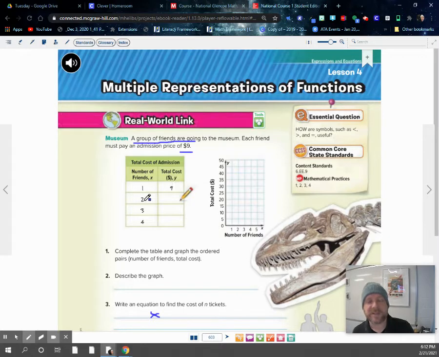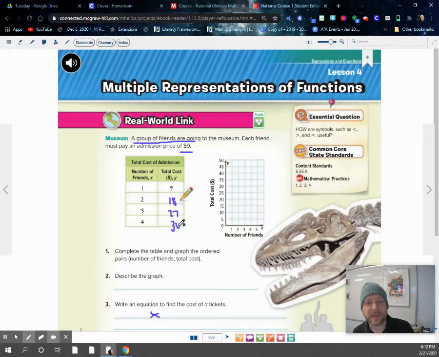But I know for my next one, it's going to be another $9 plus this $9, so it would be $18. For this one, I know it's going to be 3, so another $9 on top of this, so it would be $27, and then another $9 on top of the 27, it would be $36.